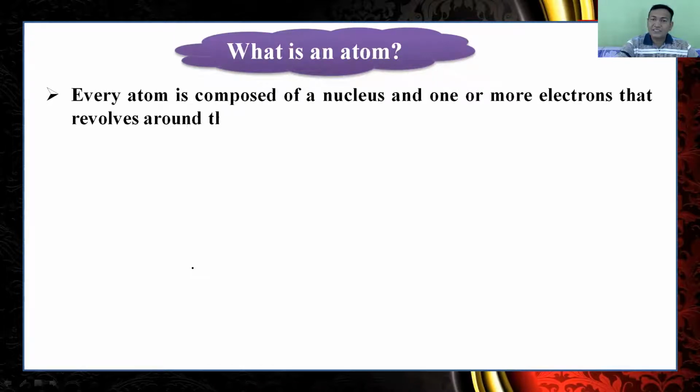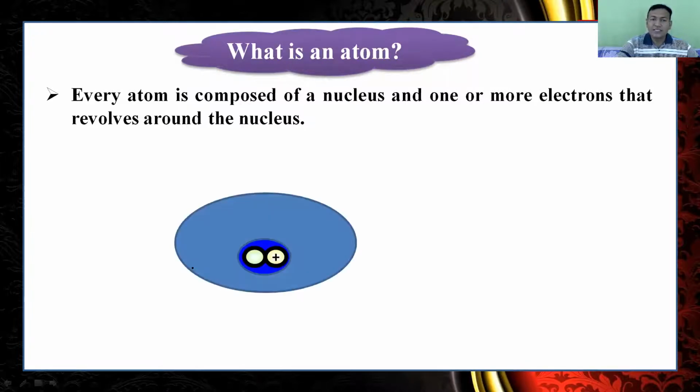So every atom is composed of a nucleus and one or more electrons that revolve around the nucleus. So in this picture, you can see where is the nucleus, and in nucleus there is positively charged species as well as no charge species.